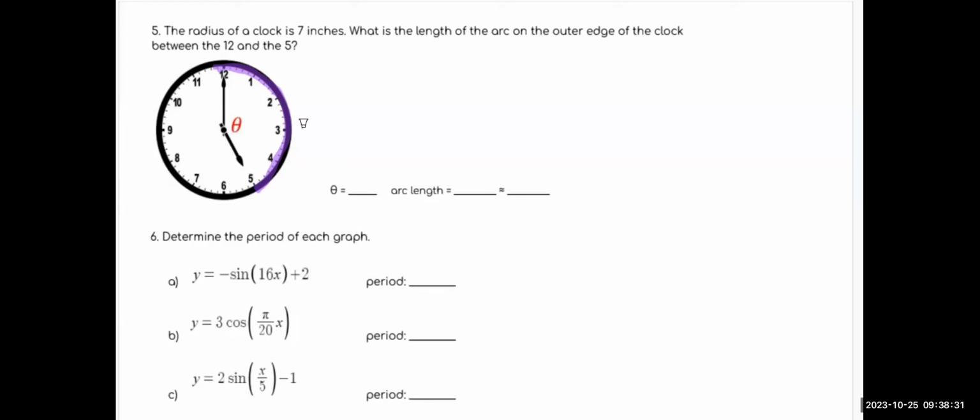So since the clock is divided into 12 equal parts and a circle is 360 degrees, then between each hour, the angle measure is 30 degrees. Okay. Well, from 12 to 5, we're going to multiply that by 5 to find this angle measure. So that's 150.